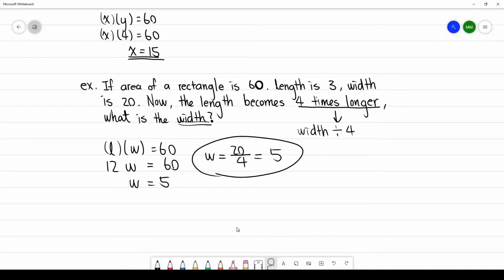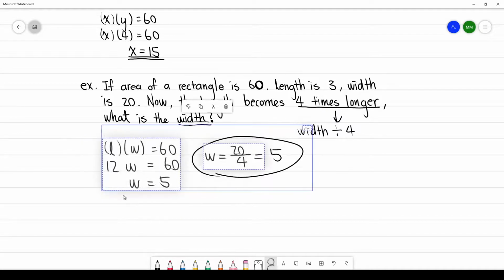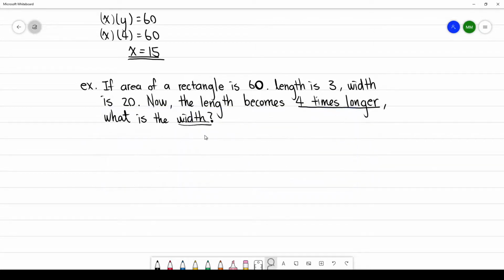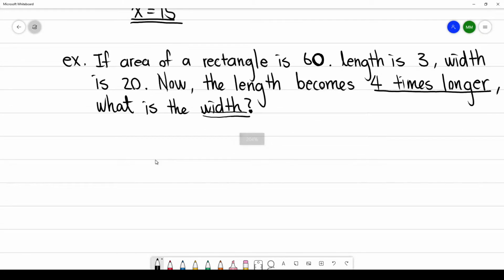So actually, let me redo this in a way that will maybe allow you to understand the idea of multiplying by 4 and dividing by 4. The original is 3 times 20 is equal to 60, right?